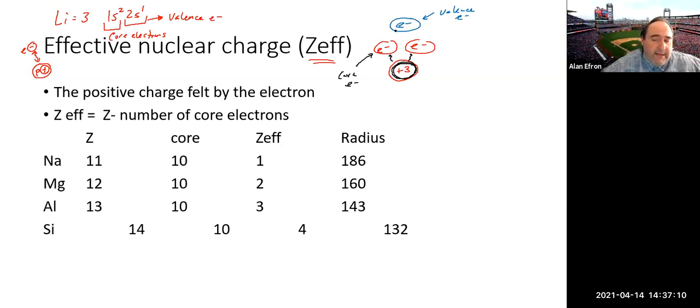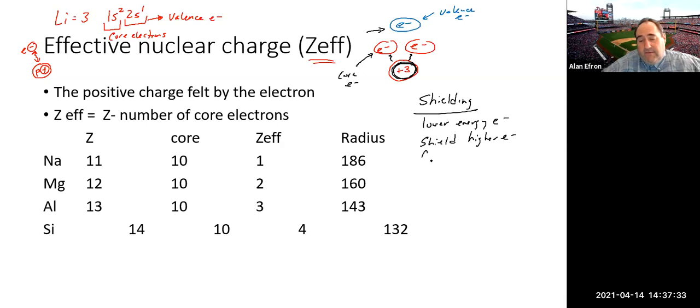But when we get to our valence electron, which is behind, if you want to think about it that way, our core electrons, we get a process known as shielding to occur. And what is shielding? Shielding is basically when lower energy electrons shield higher energy electrons from the positive charge of the nucleus.